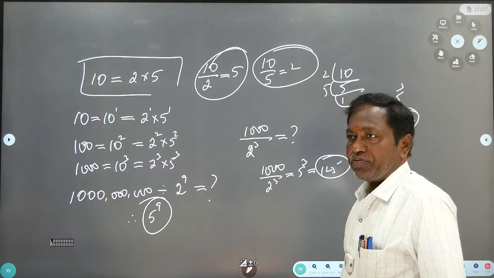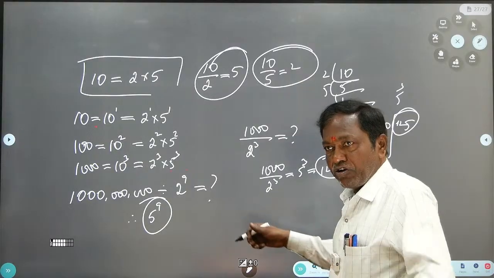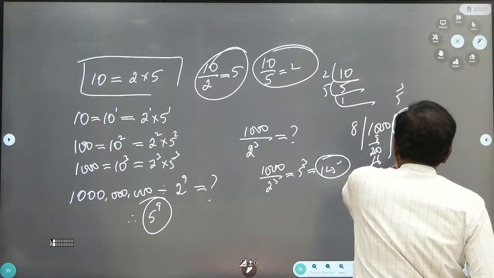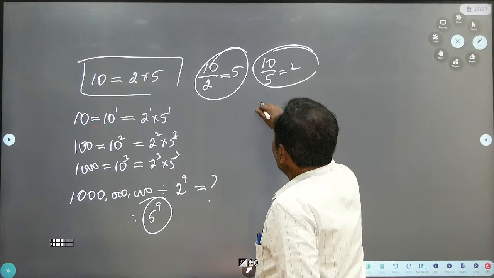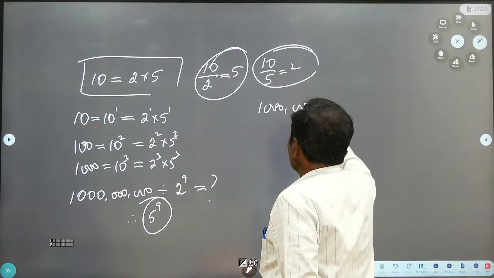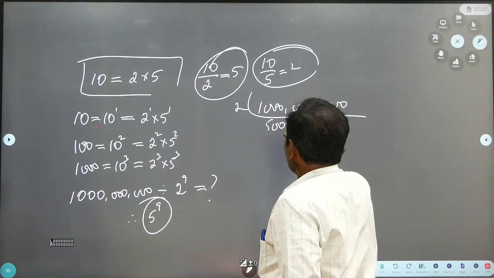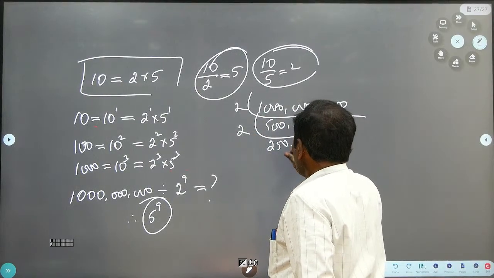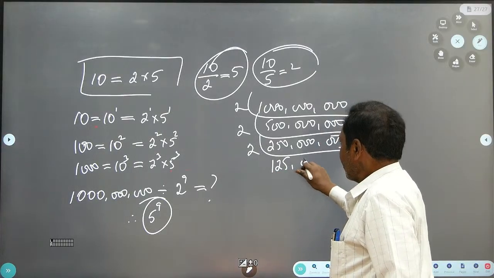This is the base we take, we keep doing like this. Even if you try to do LCM, there will be a very huge number, but you cannot find it out. It is so complicated because I have done all these exercises. 125.